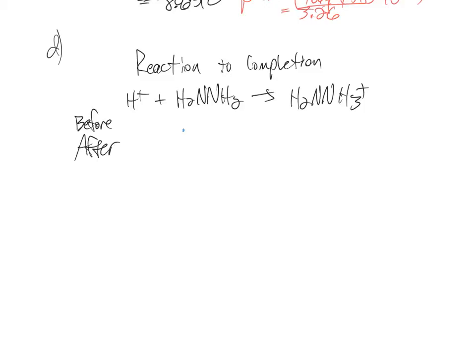And just like before, the initial number of moles of the base and the conjugate acid are the same as the previous reactions to completion. The thing that will be different is the number of moles of hydrogen ion. This time we've got 40 milliliters, which is 0.04 liters, times 0.2, and we get 0.008 moles.